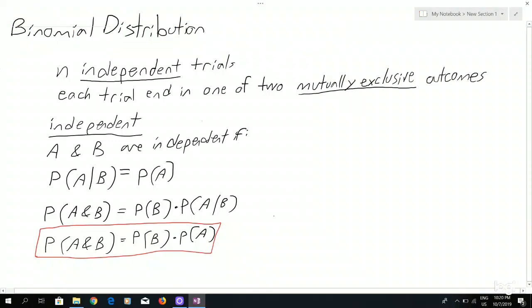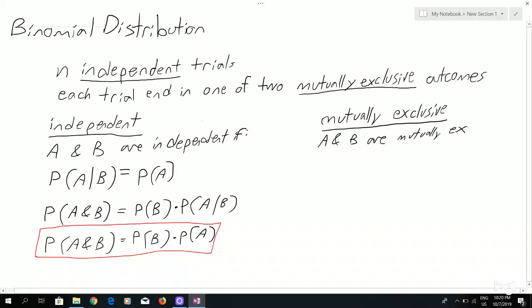Now we'll talk about mutual exclusivity. A and B are mutually exclusive if they cannot happen at the same time.